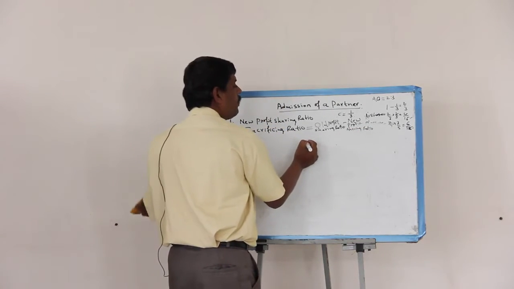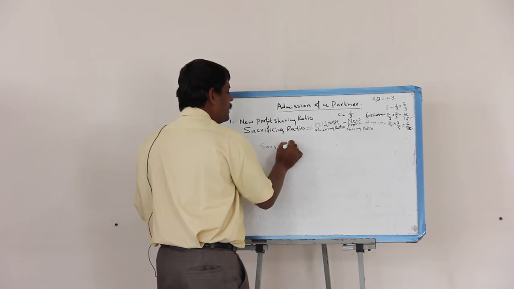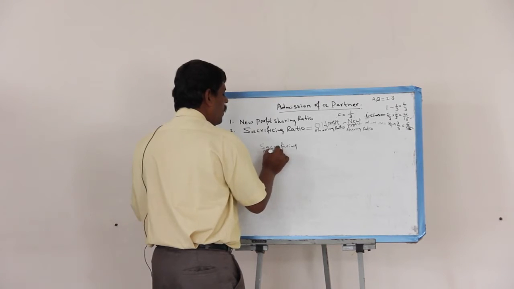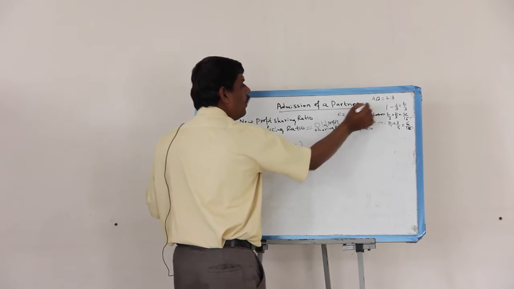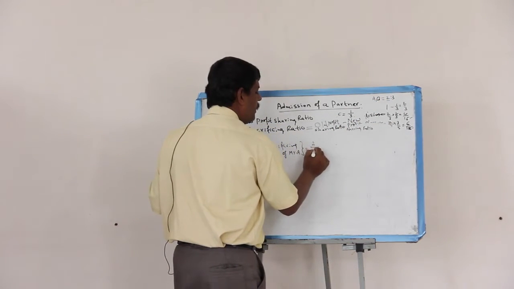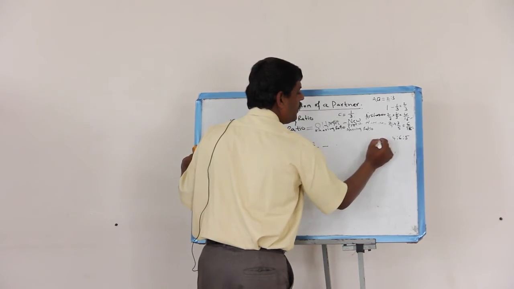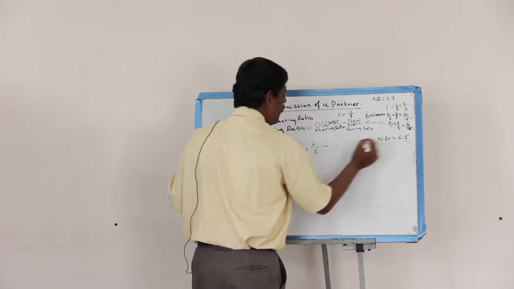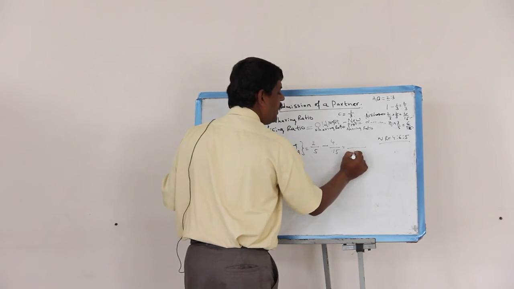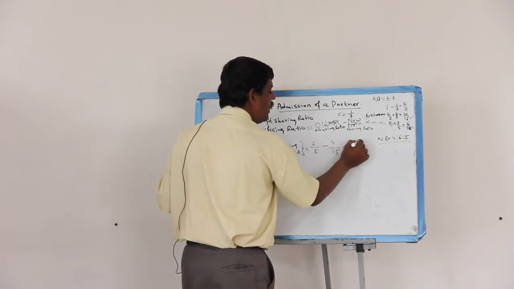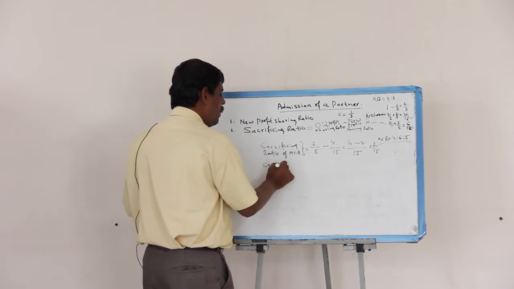So the sacrificing ratio of Mr. A: old ratio is 2 by 5 minus new ratio, which was 4 is to 6 is to 5, so 4 by 15. This is equal to, 15 is the LCM, 5 3s are 15, 3 twos are 6, 6 minus 4 is equal to 2 by 15.